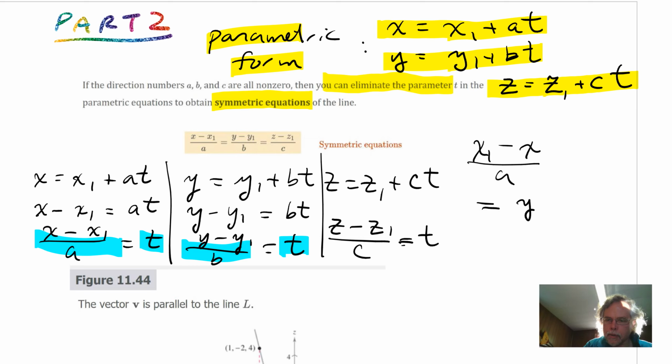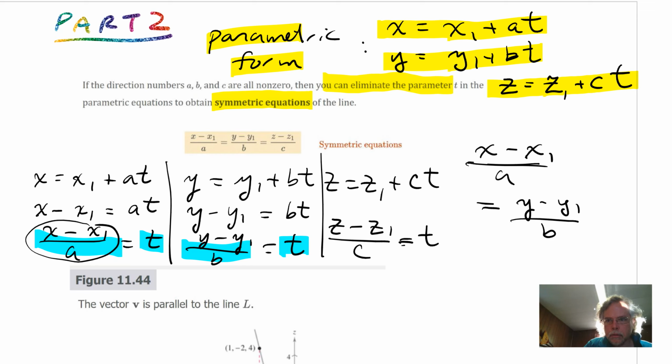So x minus x1 over a is equal to t, and t is also equal to y minus y1 over b.